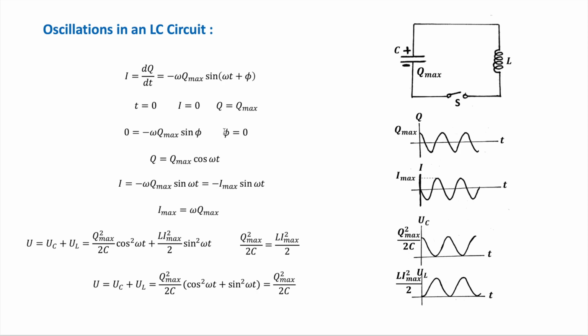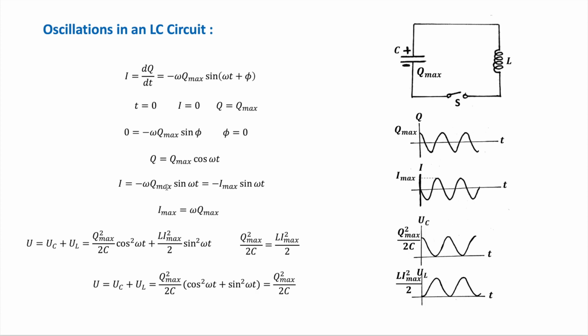And this phase angle is consistent with the fact that at t equals 0, q is equal to q max, okay? So q is equal to q max cosine omega t, and I is equal to minus omega q max sine omega t, which is equal to minus I max sine omega t, okay? Where I max is the maximum current in the circuit, and is equal to omega q max.